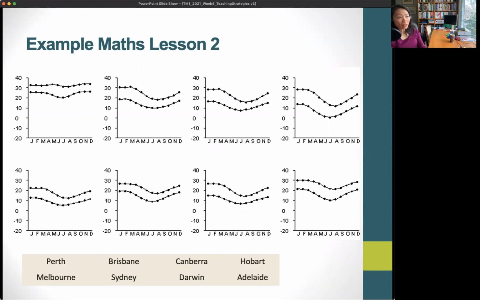And this lesson changed my life, because until I came across this way of teaching, I'd only known the other one, where you give them a graph and you ask them questions. This one, after I saw it in action, I thought, I got to do this, because basically what it means you can do is structure your content as a teaching strategy.